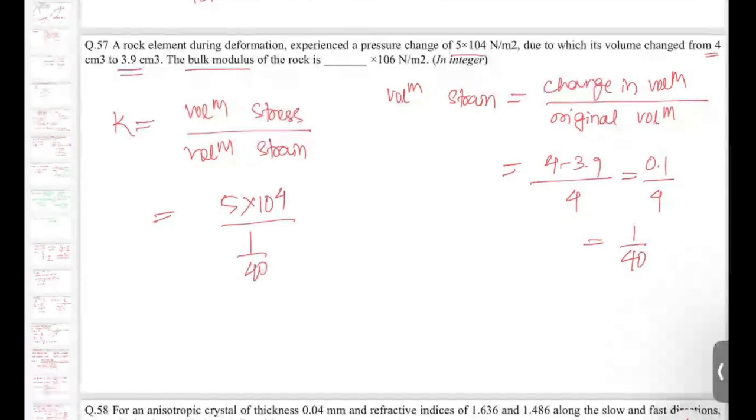Okay, so if you convert this fraction into a proper value, it should be like 20 into 10 to the power 5, or even as it is asked in the form of 10 to the power 6, you can write 2 into 10 to the power 6 Newton per meter square. So you can write here simply as 2. Okay, have you understood?